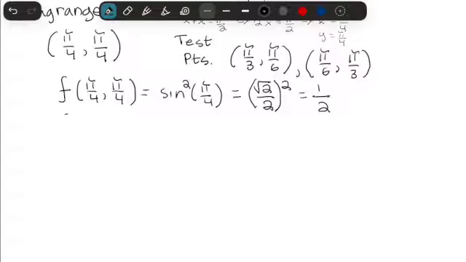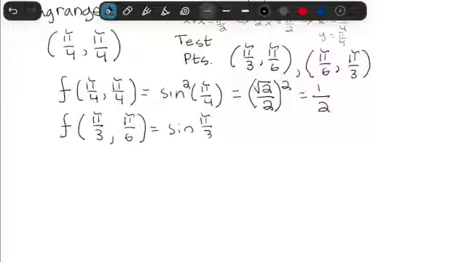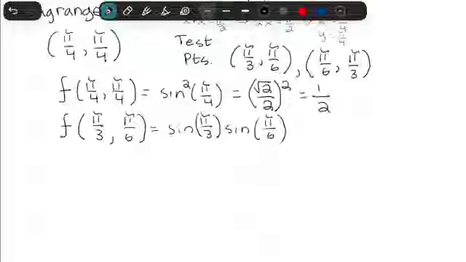So now let's do the same thing for our test points. So we have f of pi over 3, comma, pi over 6 equals sine pi over 3 times sine pi over 6. And what is sine pi over 3?